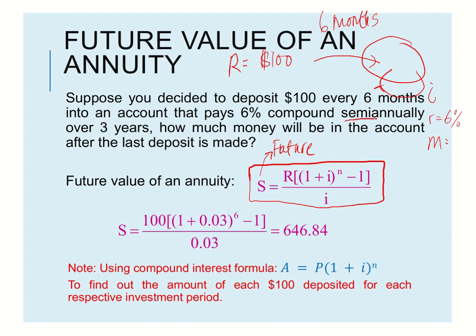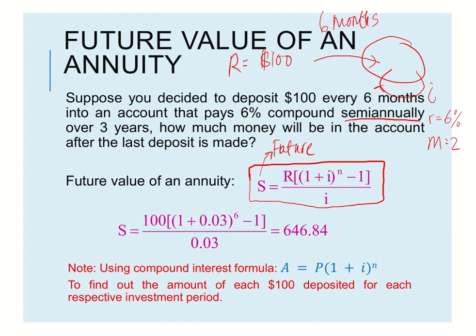Now semi-annually, what is the M? Take note, the M is not 6. The M is 2, because every year the interest is compounded 2 times a year, for every 6 months, semi-annually. So please take note of this.